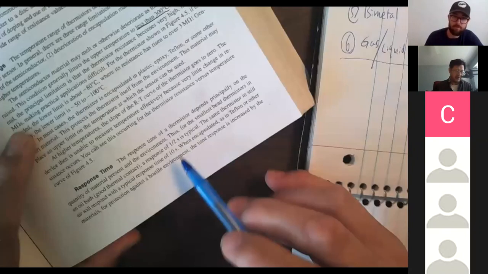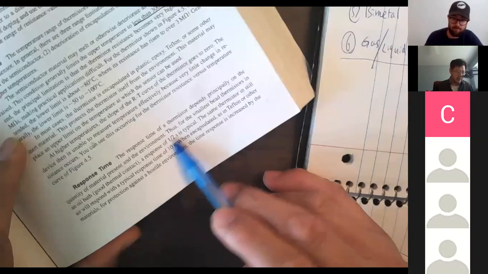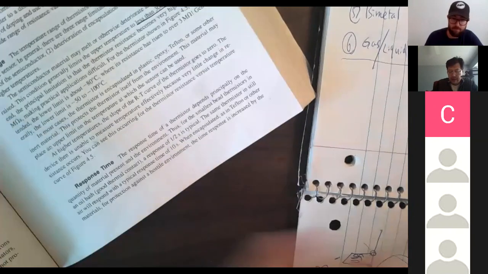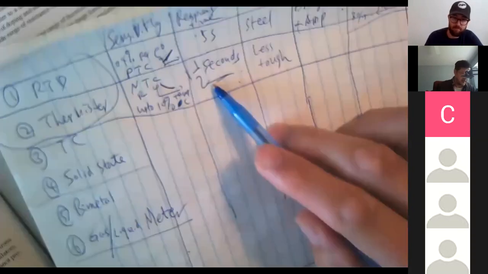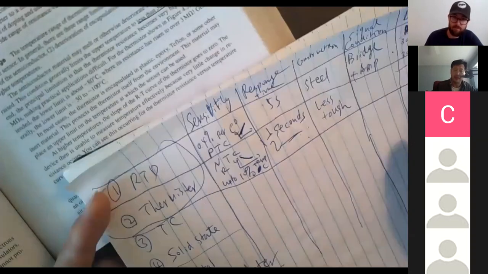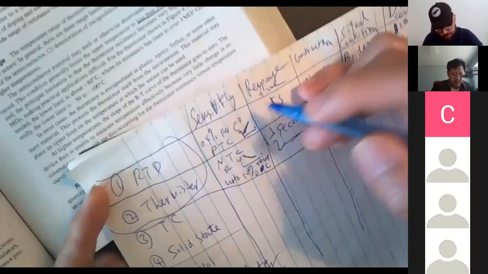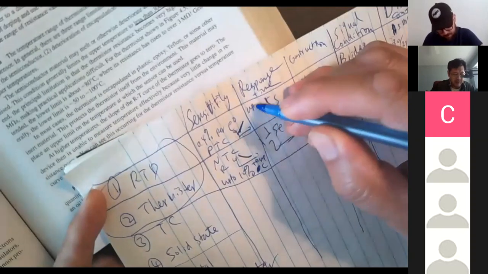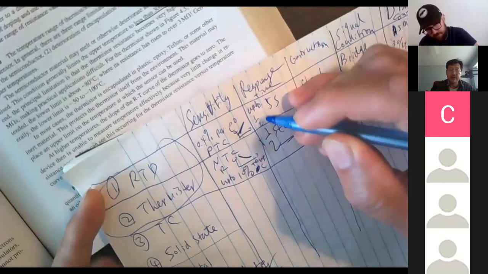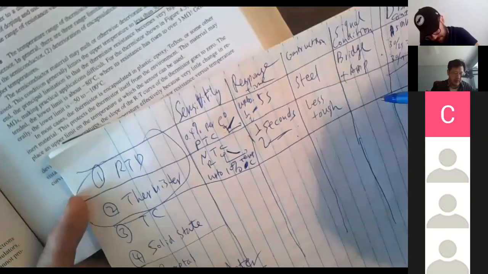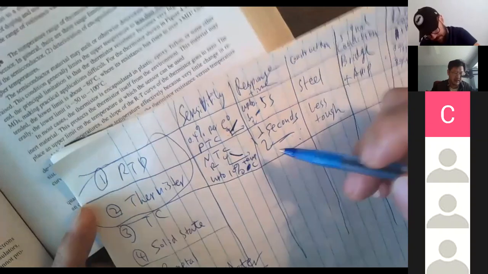Response time, half second. Seems a little bit better, so I will put it there. That's what the author put there. So this is up to 5 seconds. So it's like half to 5. This one I would think will be identical.